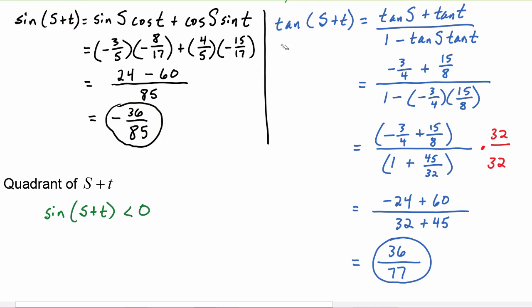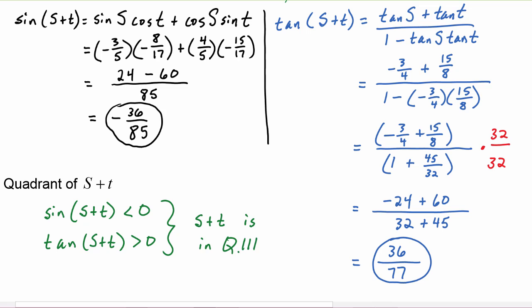We just discovered that the tangent of s plus t is positive 36 over 77, so the tangent of s plus t turned out to be positive. If the sine is negative and the tangent is positive, that means that the angle s plus t is in quadrant 3. That's the only place where sine is negative and tangent is positive.